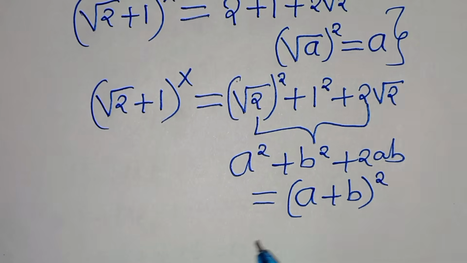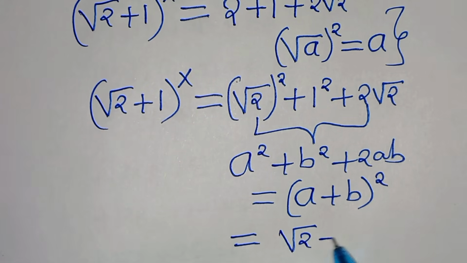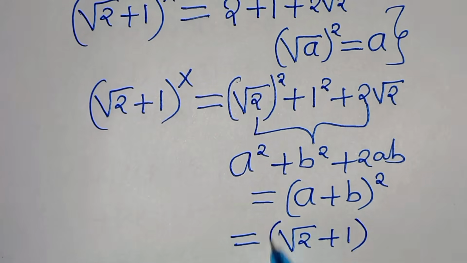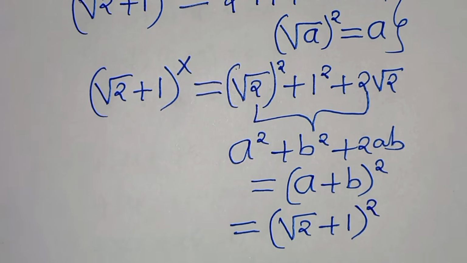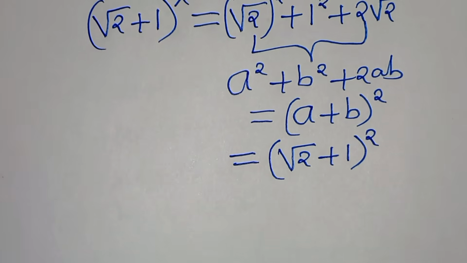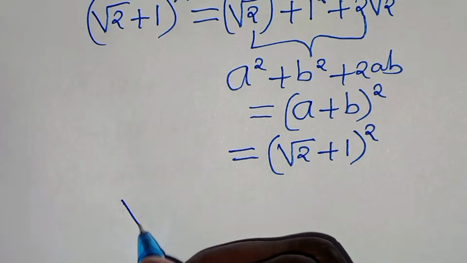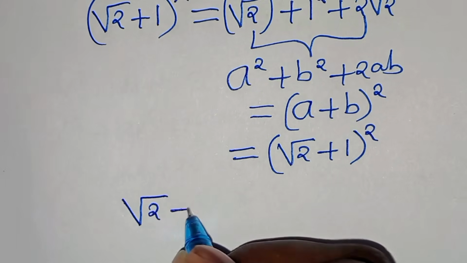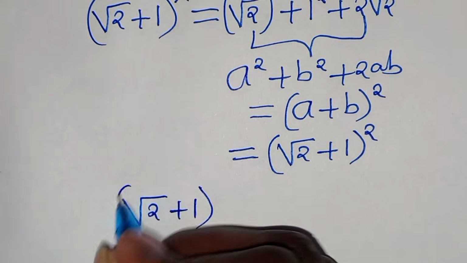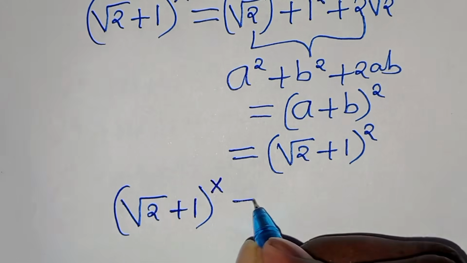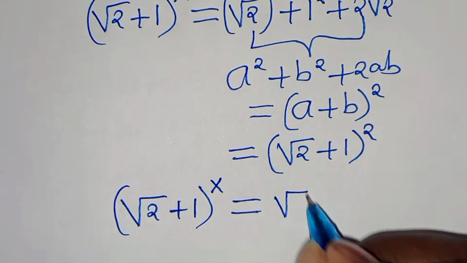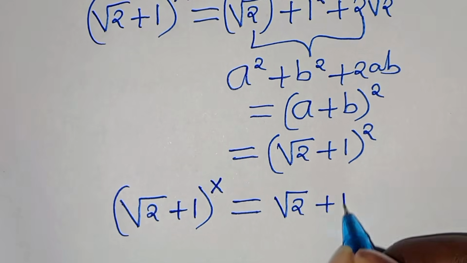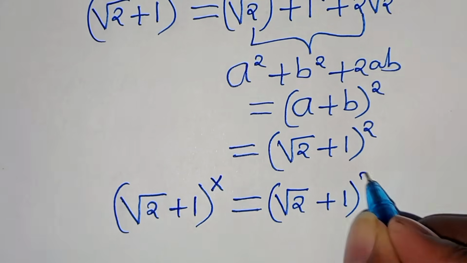Now, this implies that here we can express this as square root of 2 plus 1 raised to the power of 2. This is to mean that on the left hand side we have the square root of 2 plus 1 raised to the power of x, equal to square root of 2 plus 1 raised to the power of 2.